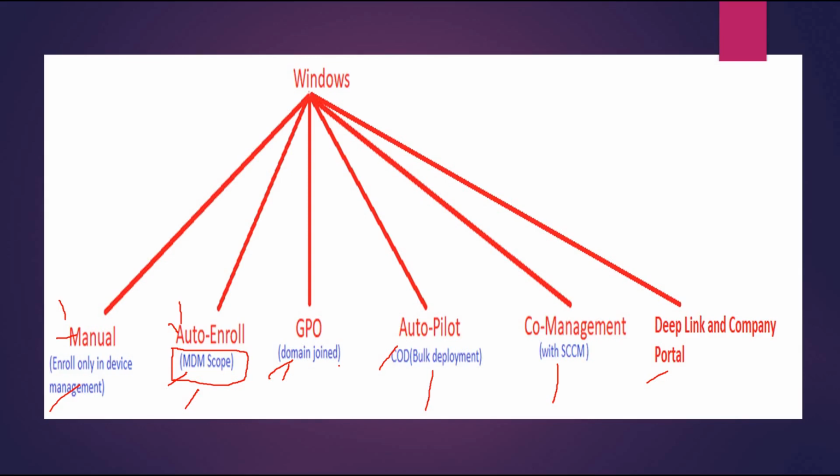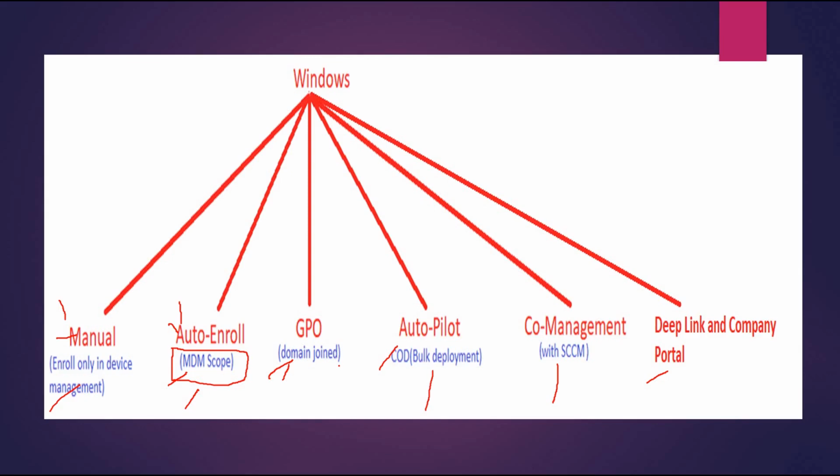Okay, so we are doing this for a fresh device and we are customizing the out of the box experience. It can be done for an old device as well, but the device needs to be factory reset. Okay, so that is the fourth option. This option also exists. Okay, if you have a Windows 10 machine, you want to enroll it, you can do it manually or via auto enrollment or via group policy or via Autopilot.